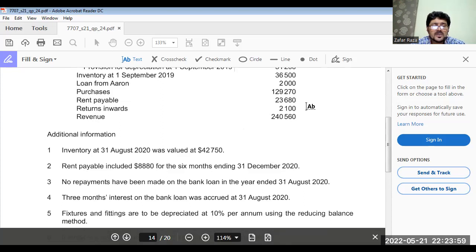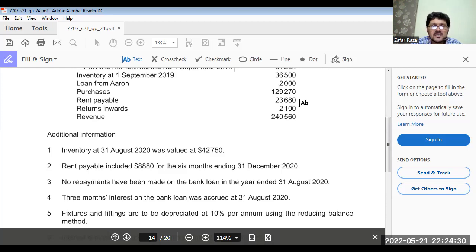So we have to include rent expense 23,680 minus the prepaid, from September, October, November, 4 months prepaid. So 8,880 divided by 6 multiplied by 4 is prepaid.